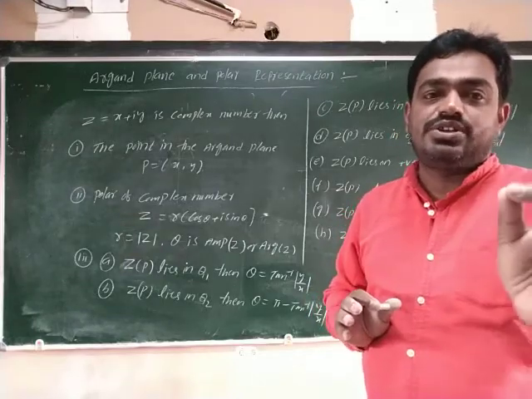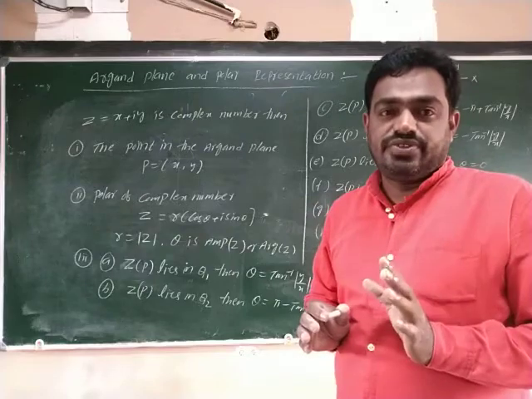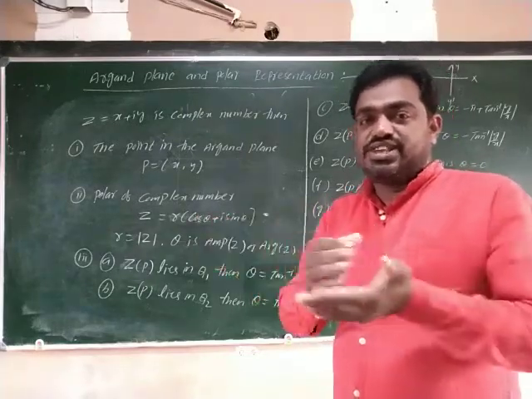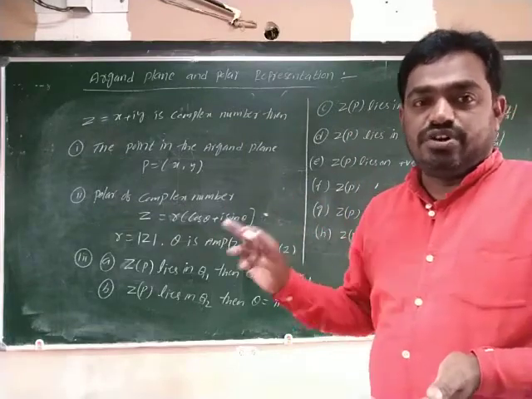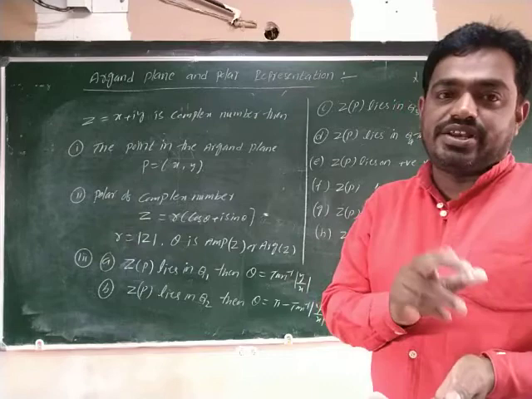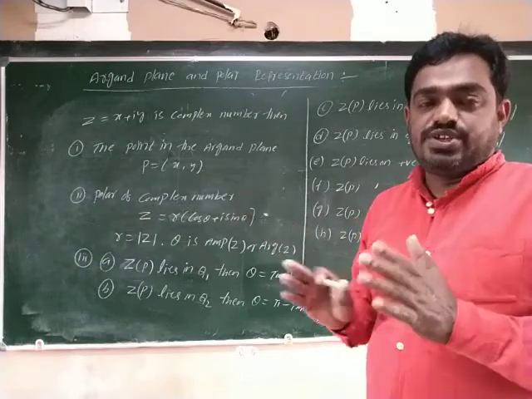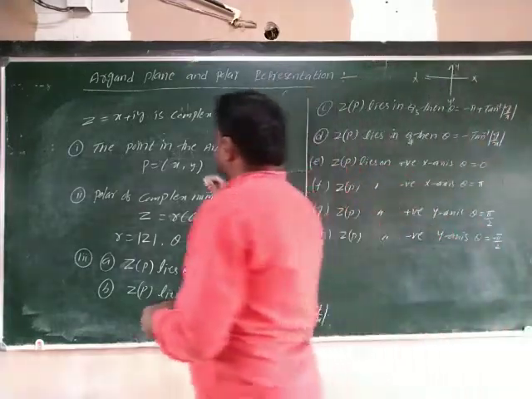Theta has some principles: it lies between minus pi and plus pi, including pi also. Minus 180 to plus 180, including 180. These values are called principal values.